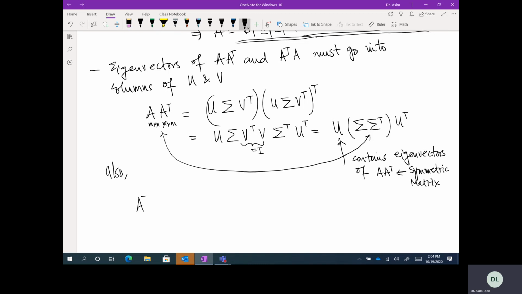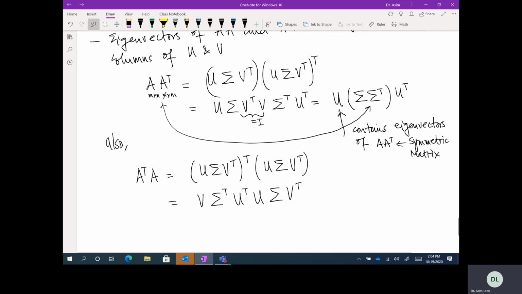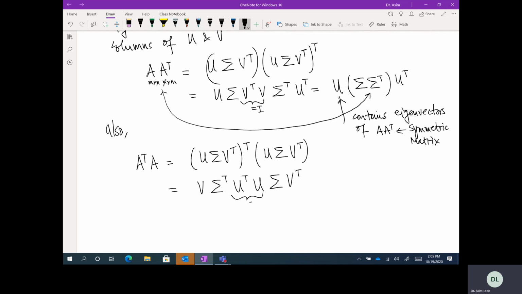Also, A transpose A is U sigma V transpose whole transpose into U sigma V transpose. Again, you reverse the order here, so it's V sigma transpose U transpose U sigma V transpose. Again, this one is identity, so we are left with V sigma transpose sigma into V transpose.